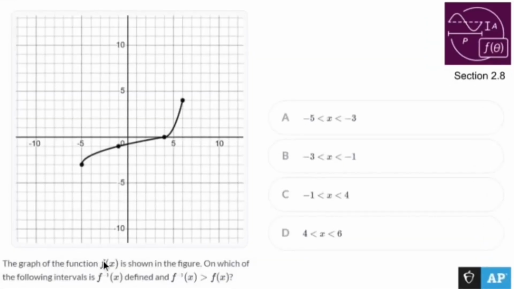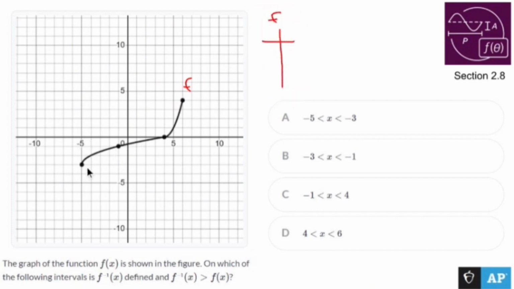The graph of the function f of x is shown in this figure. On which of the following intervals is f inverse defined as f inverse greater than f of x? All right, well, let's do this. I have 1, 2, 3, 4 points that I care about. Let's write out those 4 points as regular f. I might have to erase that, but that's okay. We call that f.